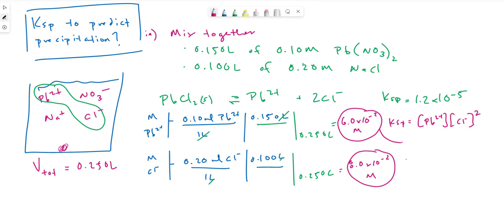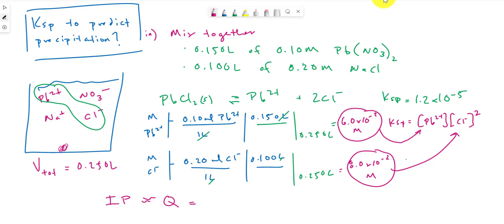So both of those values can get pushed into this expression, and we'll solve this for not K, because K is a constant, but we'll solve it for essentially Q. It's important to note that this is, for all intents and purposes, Q, but it gets its own special name called the ion product, or IP, which I will say is practically the same as Q. It's identical in concept.